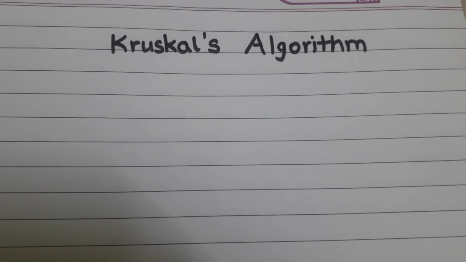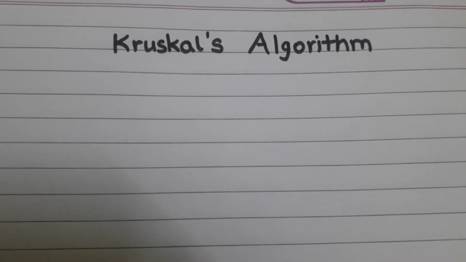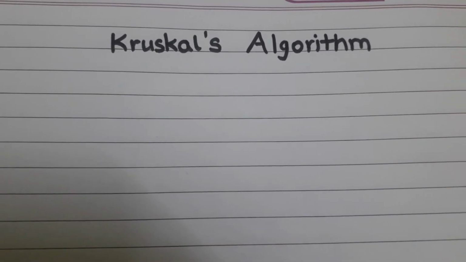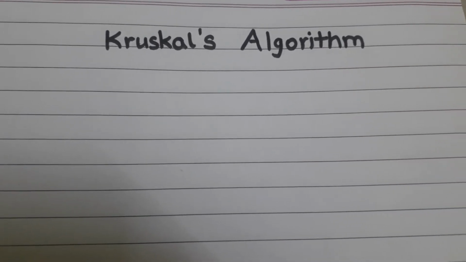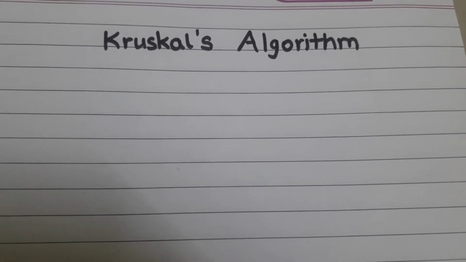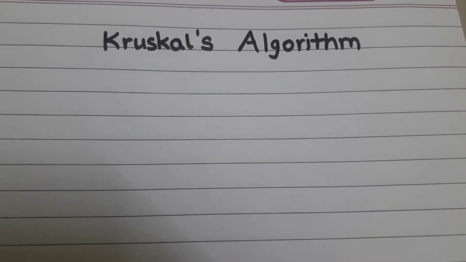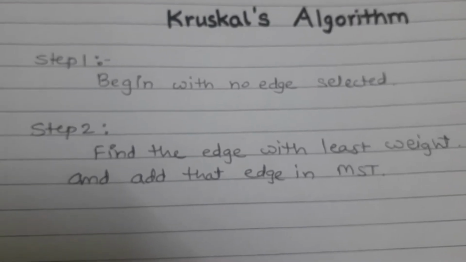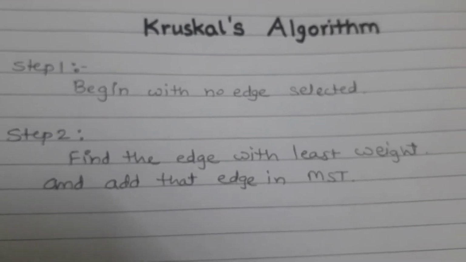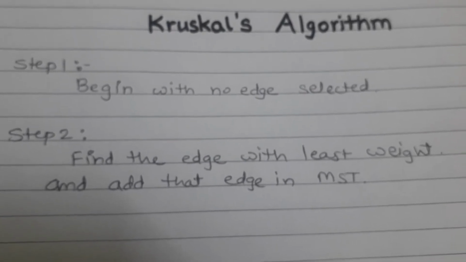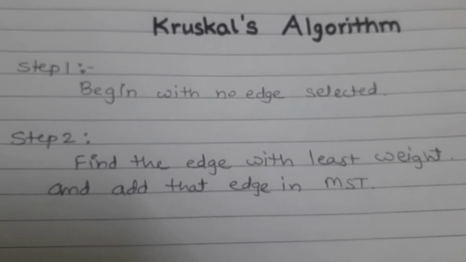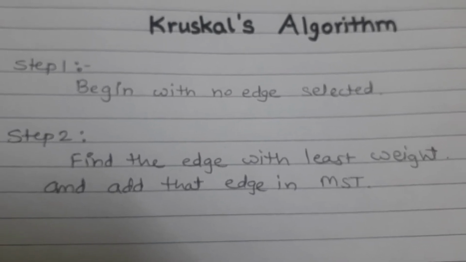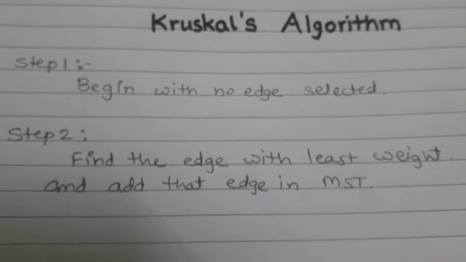So here we will see Kruskal's algorithm: how to find the minimum cost spanning tree with the help of Kruskal's algorithm. Our first step is to begin with no edge selected. It means whatever vertices are there, we will just show those vertices here.